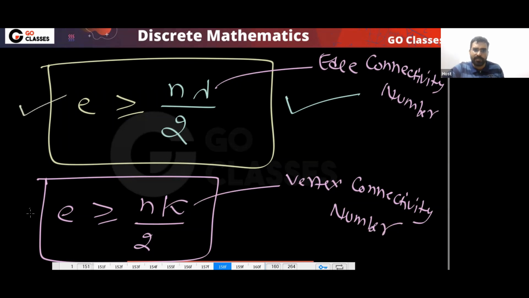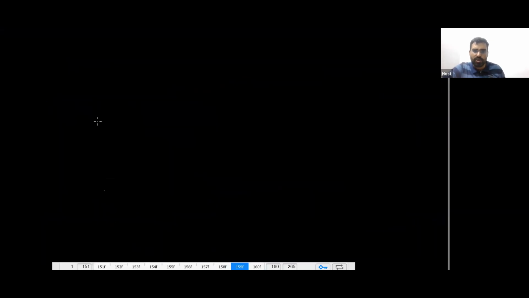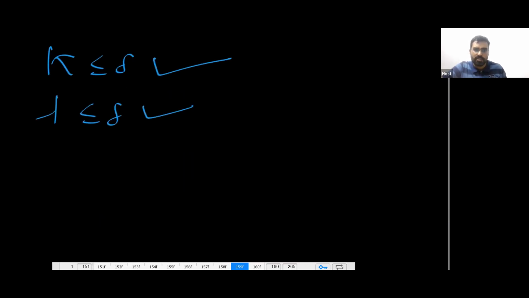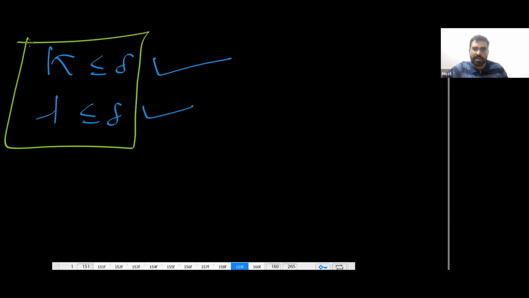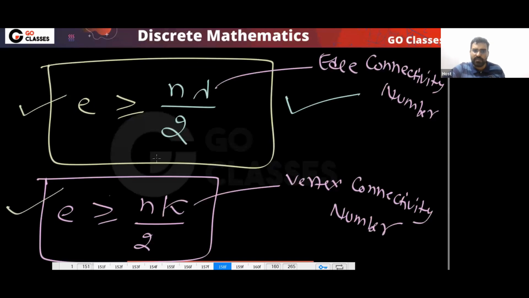Please tell me, will the same happen for kappa? Yes, because we already know that kappa is also less than or equal to the minimum degree. Both are less than or equal to the minimum degree, so the same thing will happen for kappa also. The number of edges will be greater than or equal to n lambda by 2, where lambda is the edge connectivity number, and this is greater than or equal to n kappa by 2, with kappa the vertex connectivity.